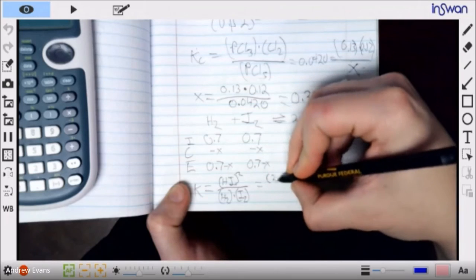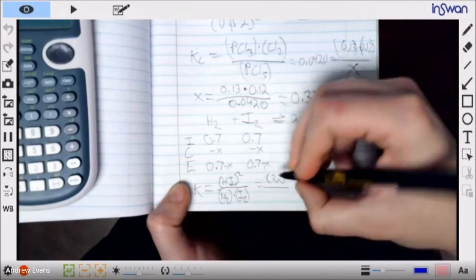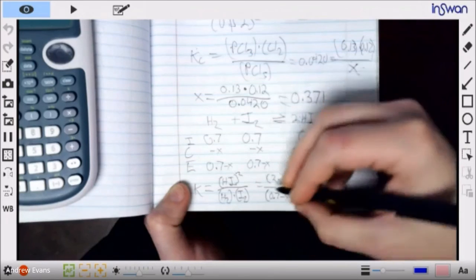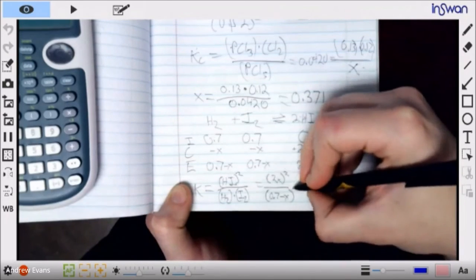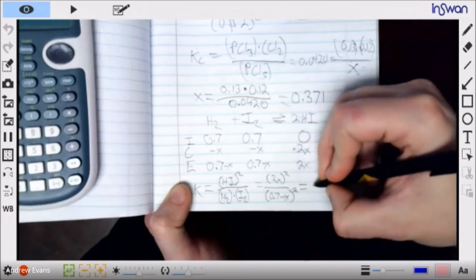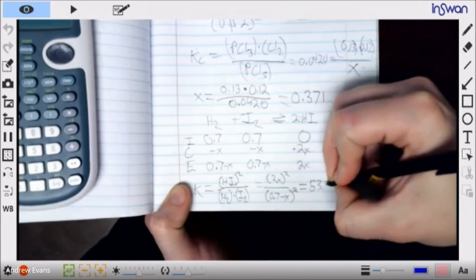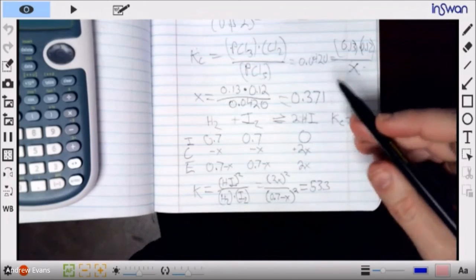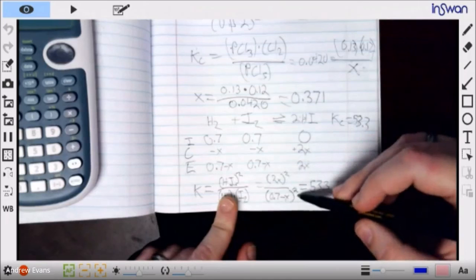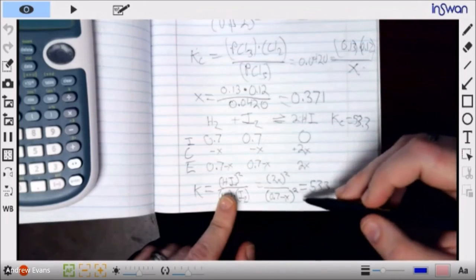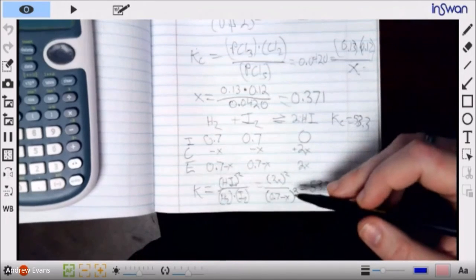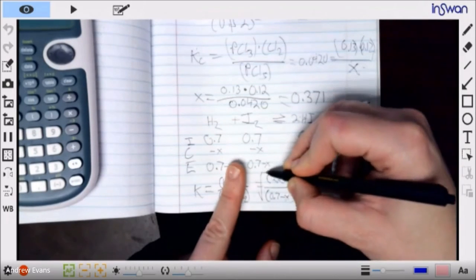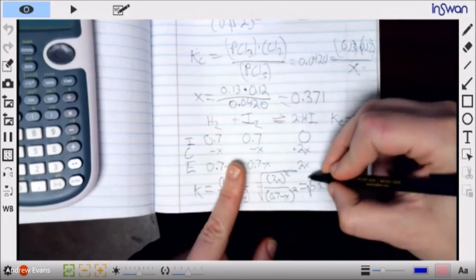2x squared over 0.7 minus x times 0.7 minus x, which is the same as 0.7 minus x squared. Now, before you evaluate and make your life hell, what factor are they both up by? They're both up by a factor of squared. So what could I do to both sides of the equation to simplify this? Square root both sides.